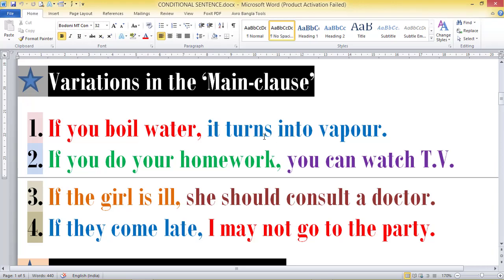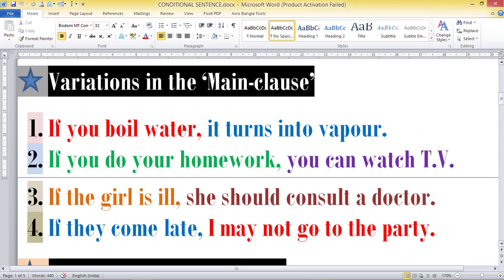So whenever the action in the main clause is universally true, we have to use present indefinite tense. So if water is boiled, it automatically turns into vapor, which is universally true.